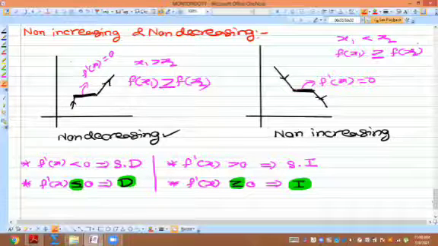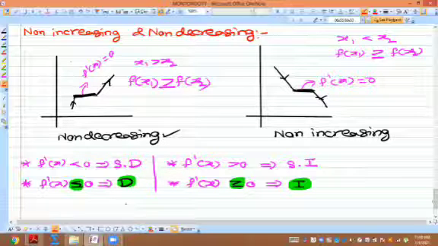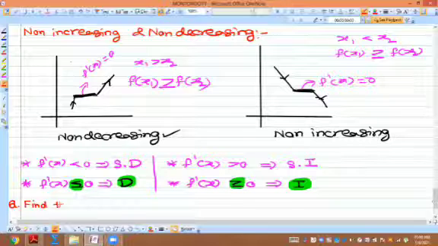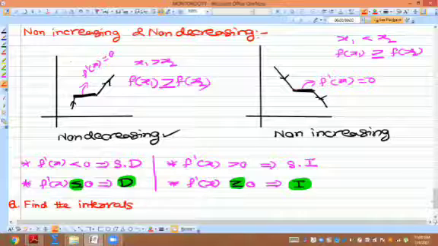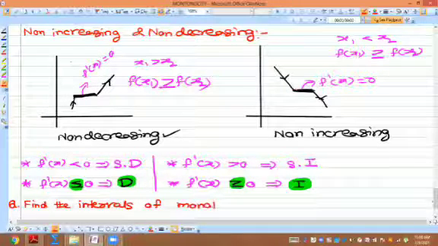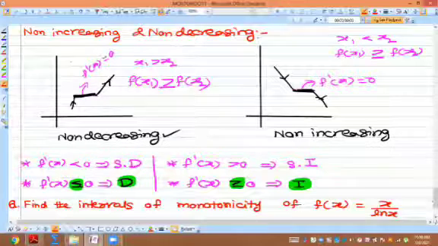Okay, we'll do one problem. Find the intervals of monotonicity of f of x equals x by ln x.